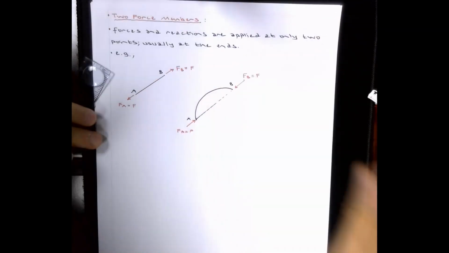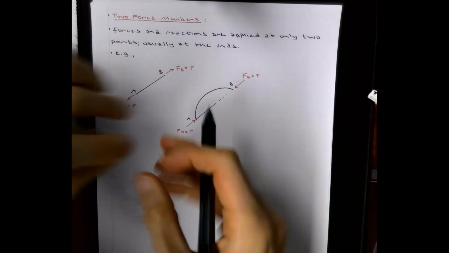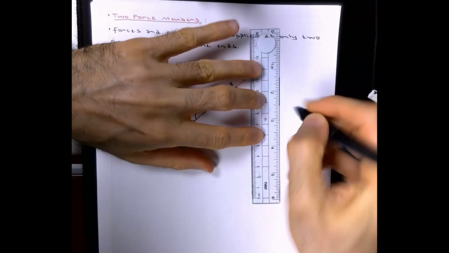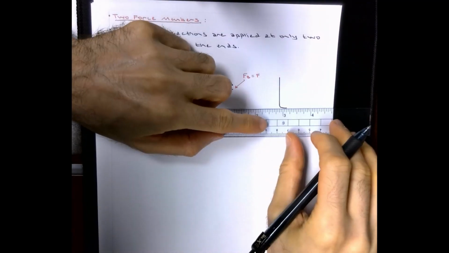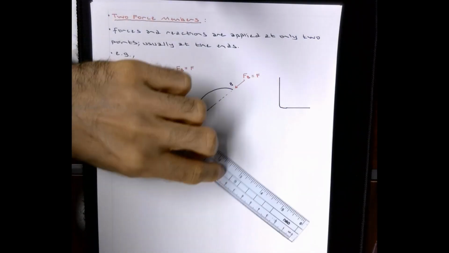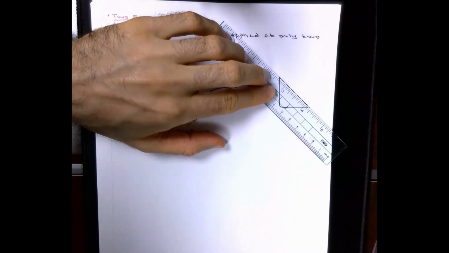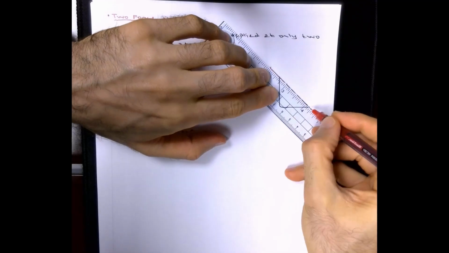And the final example on this, the member could be something like that. It's possible. It is also possible. So again, for equilibrium, what needs to happen, the two forces, you can go with tension or compression, it doesn't matter.